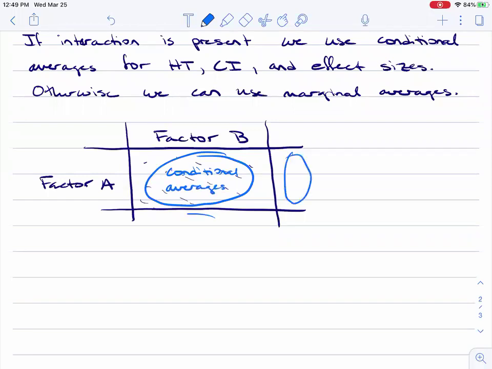Whereas these averages are the marginal averages.